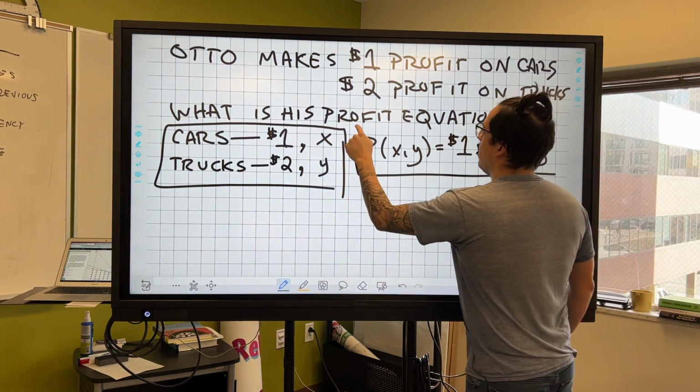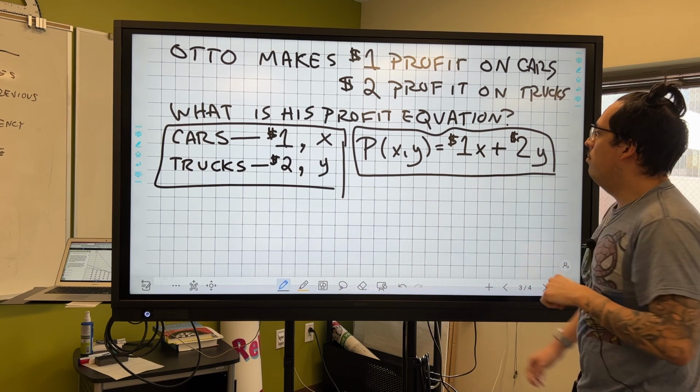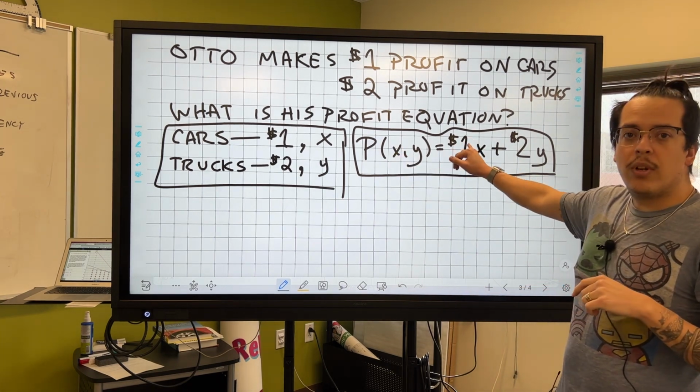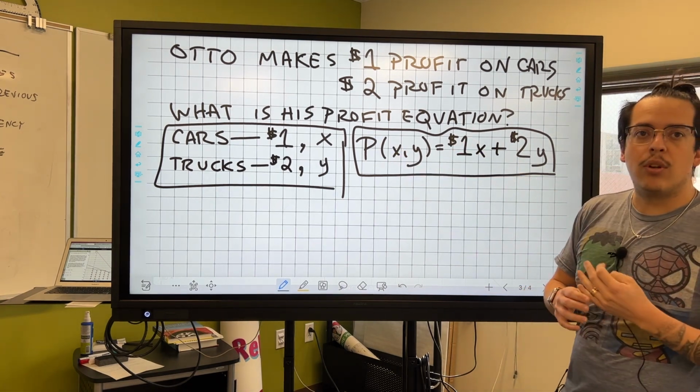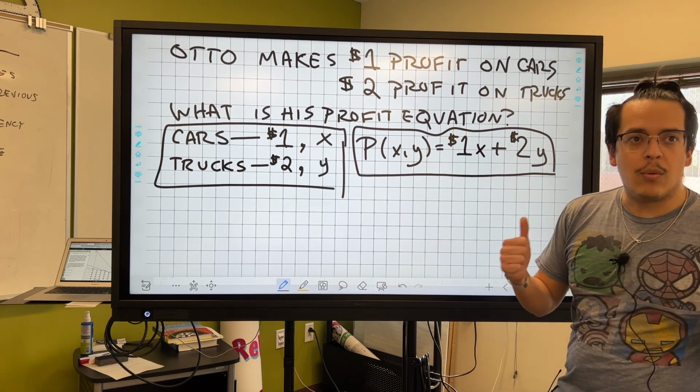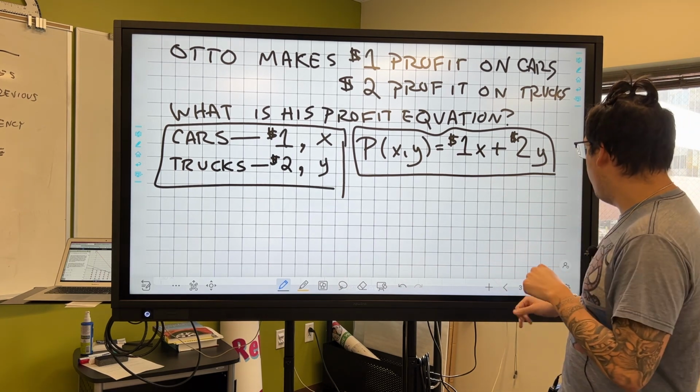So our profit equation is P of XY equals $1 times X plus $2 times Y, and we're good to move into testing our points.